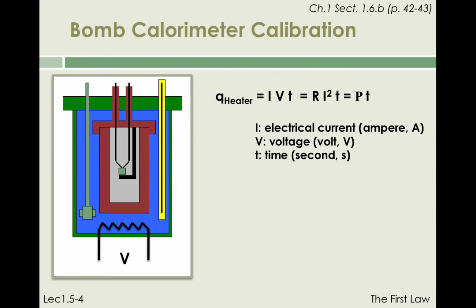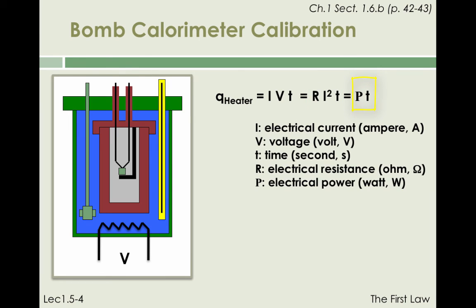Alternatively, using Ohm's law, we can substitute the voltage V by the product of the resistance R and the current I, or substitute the product R I squared by the heater power, P. In this equation, all physical quantities need to be expressed in SI units because we want to obtain the heat generated by the heater in the SI unit of energy, joules.